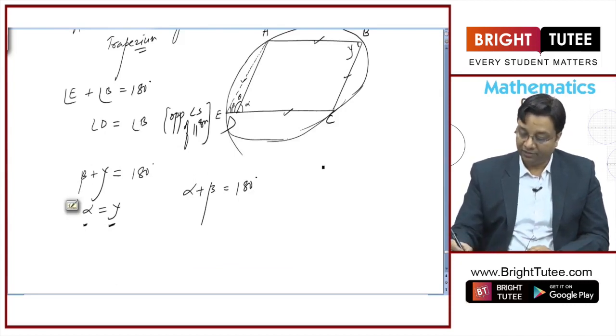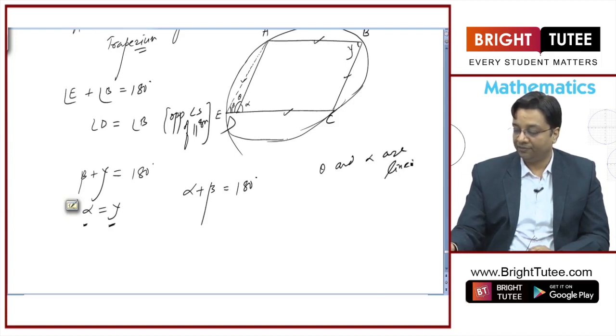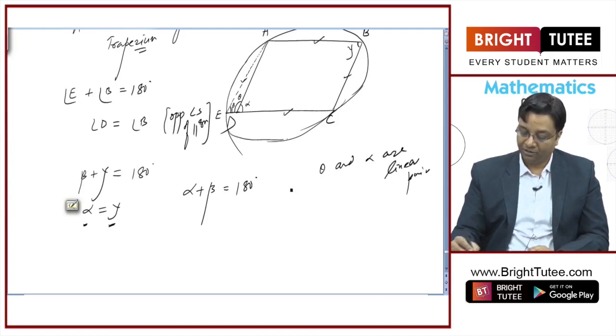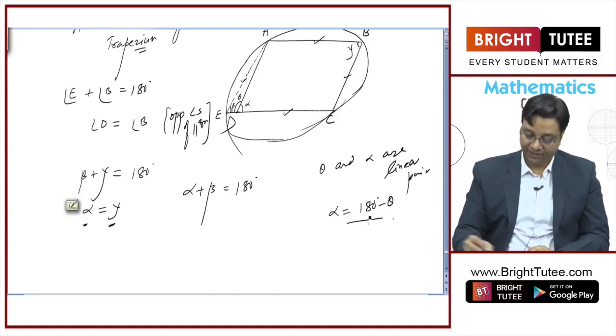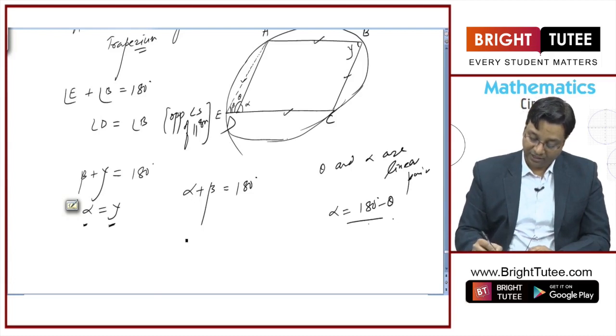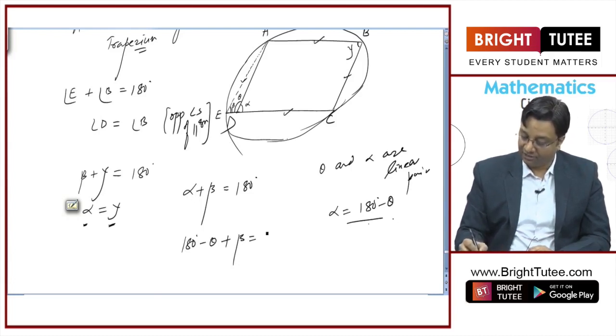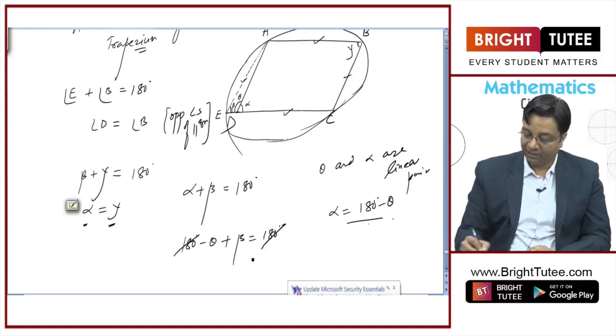But look at theta and alpha. Theta and alpha are a linear pair. So I can replace alpha by 180 minus theta, right? So let me do that. Alpha is replaced by 180 minus theta, plus beta is equal to 180. So 180 will get cancelled and beta will be equal to theta.